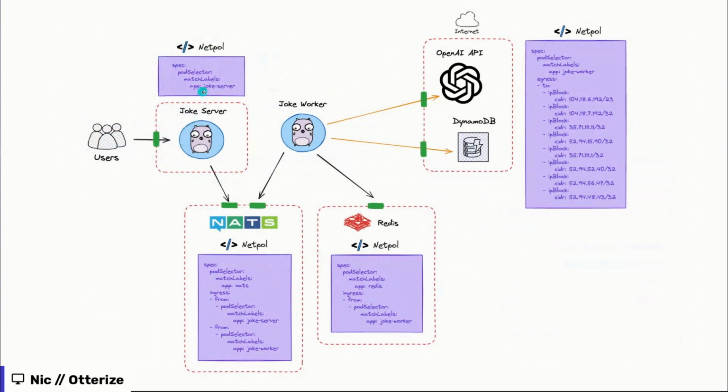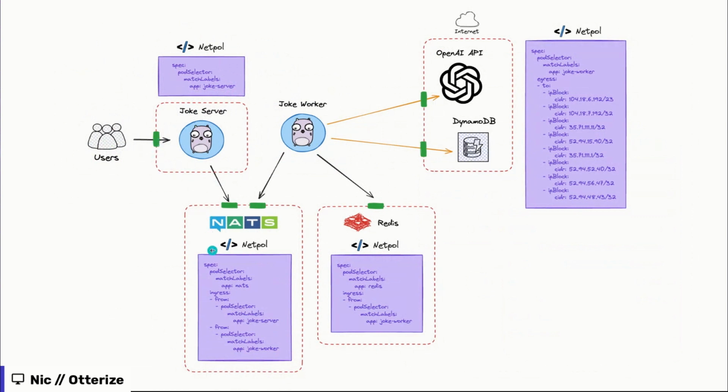I've described here a portion of the configuration, the relevant part only, not the full manifest. So this particular configuration, by matching the pod selector app joke server without anything else, will allow anyone basically to connect to the joke server. So that's one security policy.